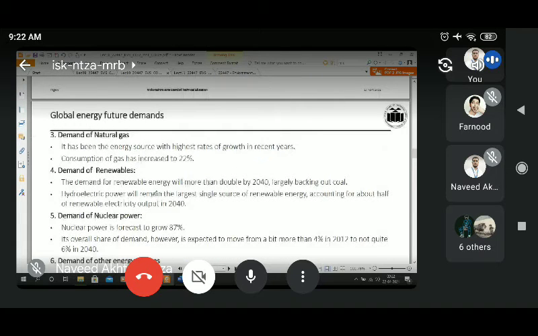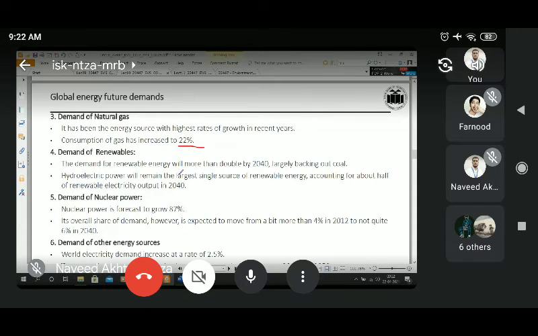Demand for natural gas will also increase by 22%. So all the non-renewable energy sources and their demand are still increasing, and it is a big concern, and measures must be taken to avoid the use of non-renewable energy sources.